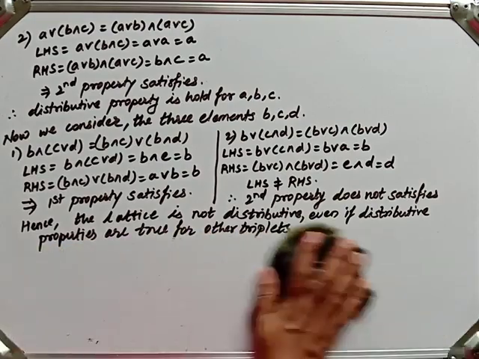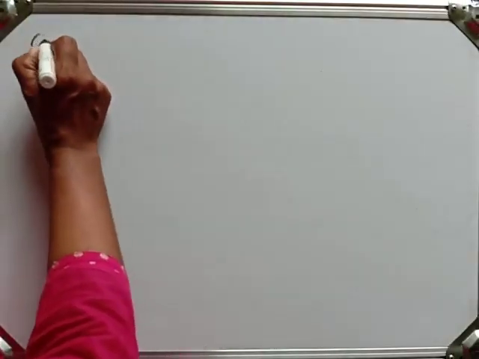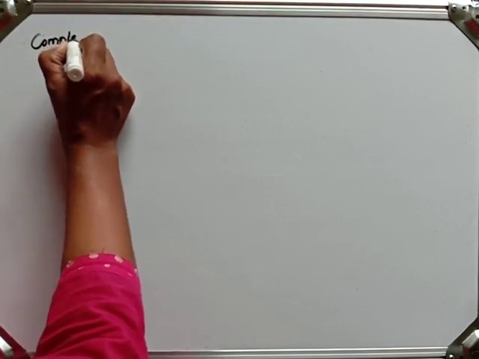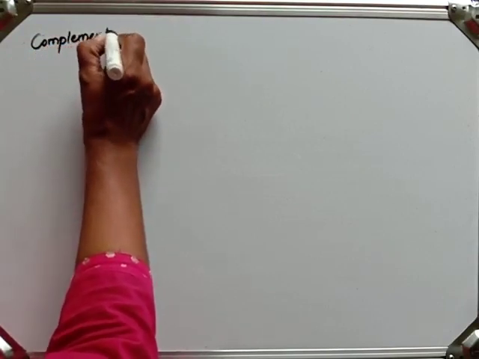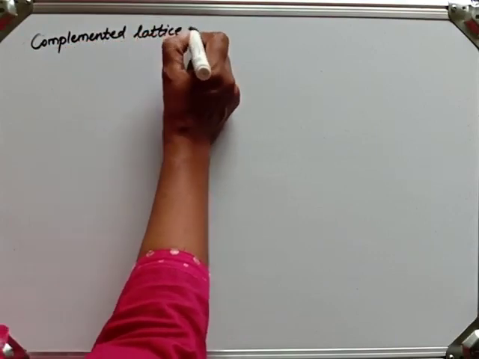Now the next special type of lattice is the complemented lattice. Complemented lattice.